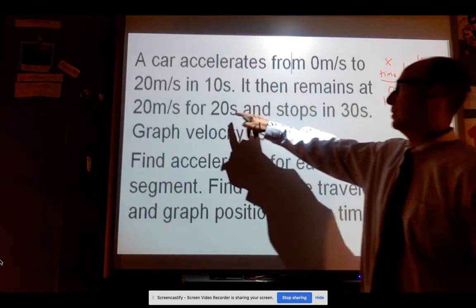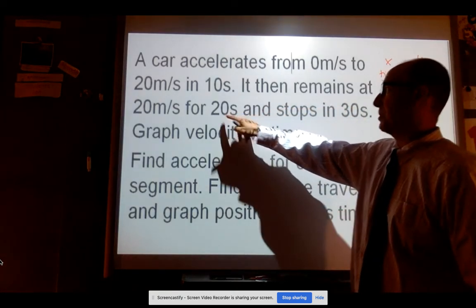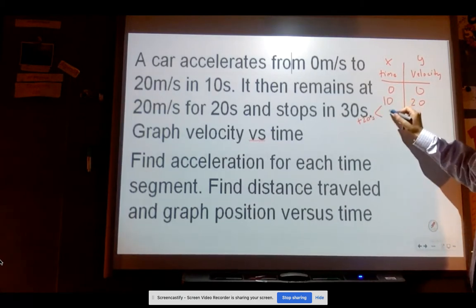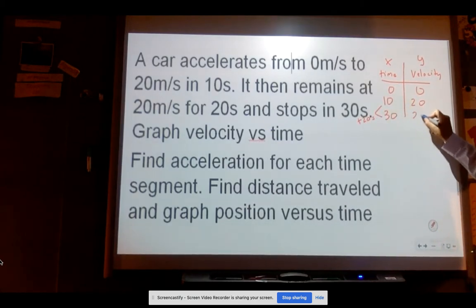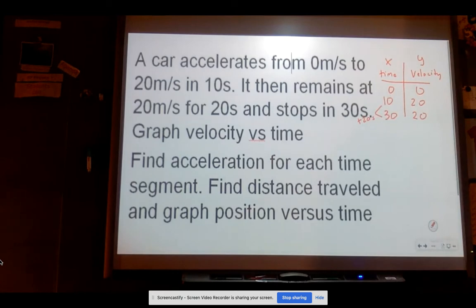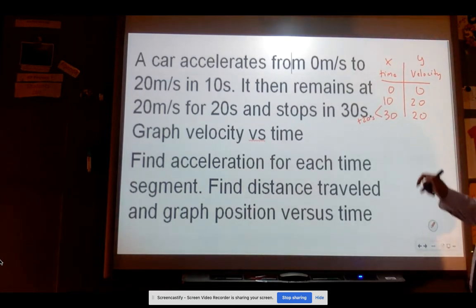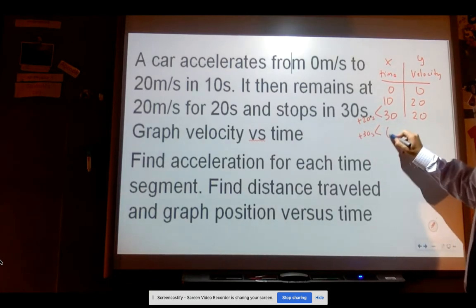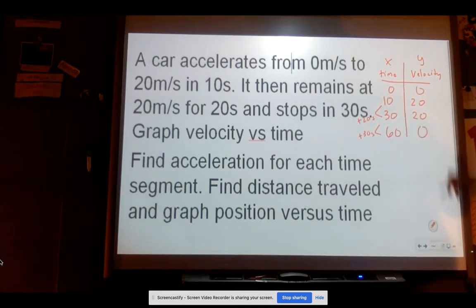Then I'm going to stay at 20 meters per second for 20 seconds. So I'm going to add 20 seconds to 10, which is going to take me to 30. And this is going to still be at 20. And then I'm going to stop in 30 seconds. So I'm going to add an extra 30 seconds, which will take me to 60, and that'll be 0, because stopping is represented by 0.